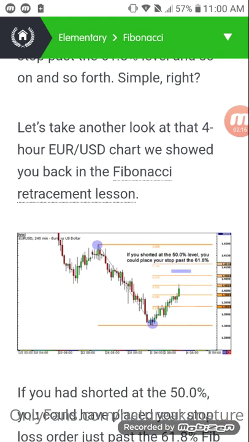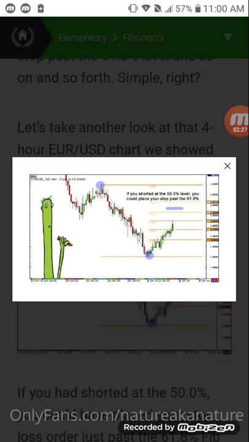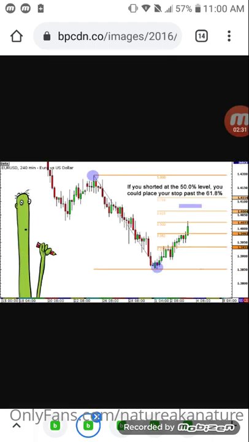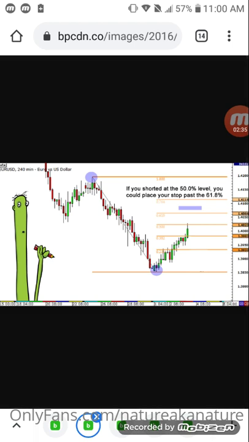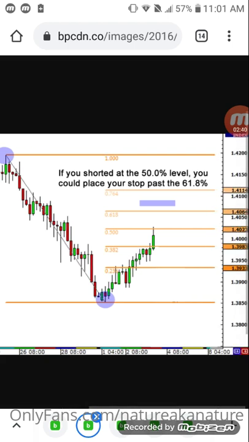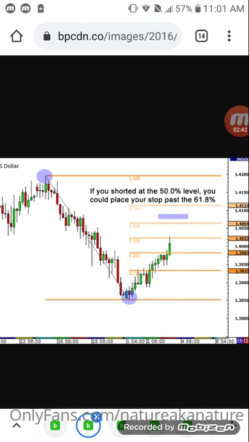So let's take another look at the 4-hour EUR/USD chart that we showed you before on the Fibonacci retracement level. This is a downtrend, so price is going to retrace back to one of these levels.